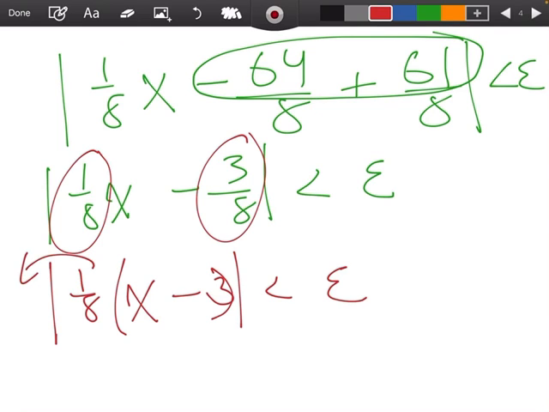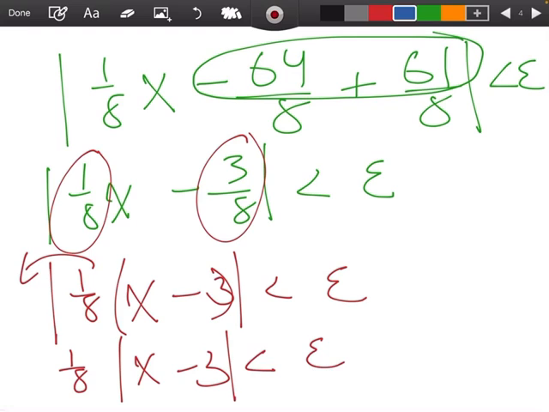Let's bring that 1/8 outside of the absolute value. Okay, it's less than epsilon. And what I want to do now is multiply everything here, y'all, by 8, and that's going to give me |x minus 3| is less than 8 epsilon.